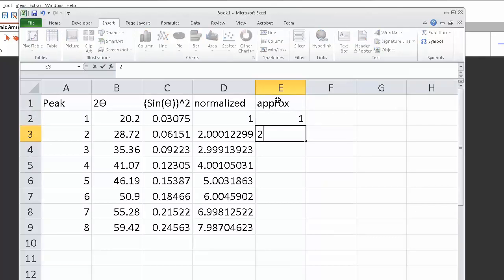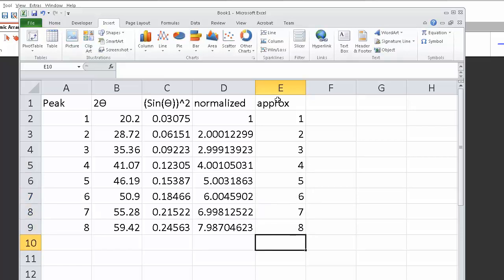We have a 1, 2, 3, 4, a 5, a 6, a 7, and an 8 sequence. Now, what kind of crystal structure could produce such a sequence of h squared plus k squared plus L squared values? Well, let's have a look at the selection rules again.